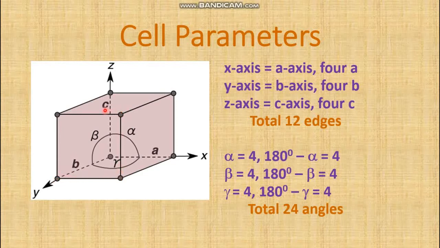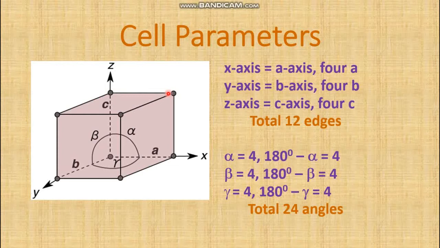Look at the movement here. The connection between these 2 lattice points is parallel to the a axis, and finally the connecting line between these 2 points is parallel to the a axis. So these 4 edges are actually a.